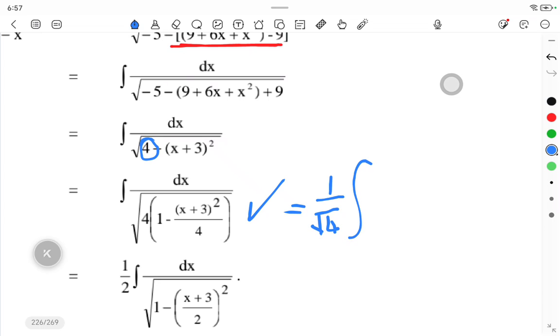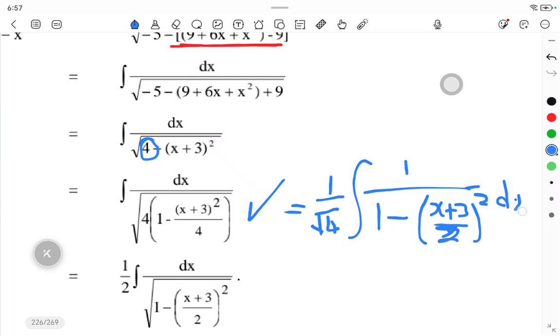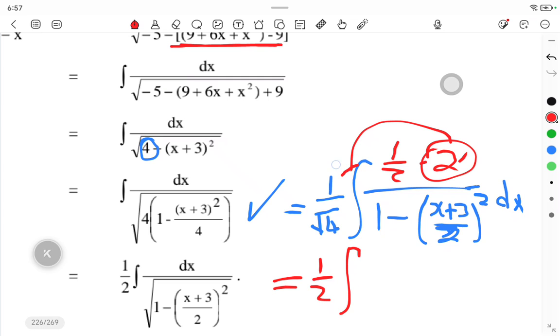Let me just write 1 here. 1 minus x plus 3 over 2 squared dx. Remember this one here, we're going to change it to, as I said, 1 over 2. We'll ignore that 3 there. We just take 1 over 2 because it's the constant which goes with x times 2. So this is going to be 1 over 2 here. This 2 will come here because it's not corresponding with this, right?